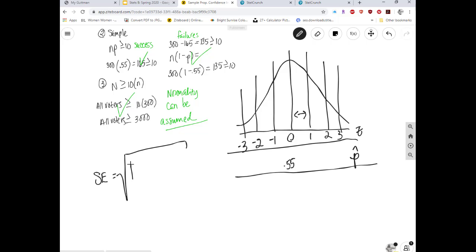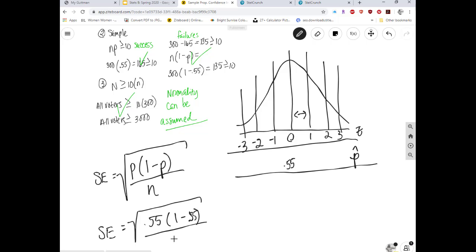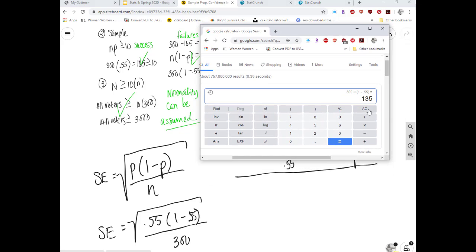Here's my standard error formula. Plug everything in: 0.55 times 1 minus 0.55, divided by 300. In the calculator, 0.55 times parenthesis 1 minus 0.55 close parenthesis gives me the numerator. Now I divide by my denominator, which is 300.